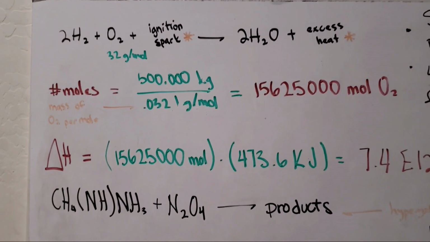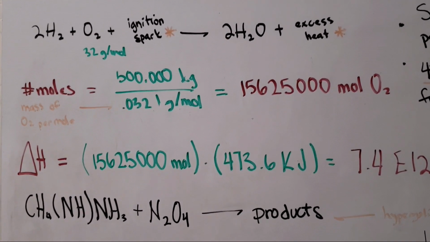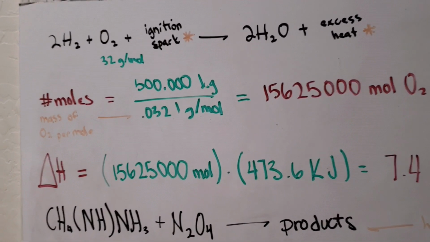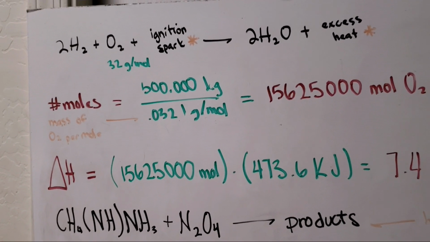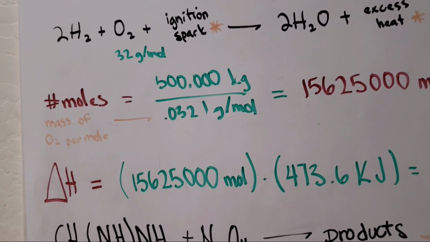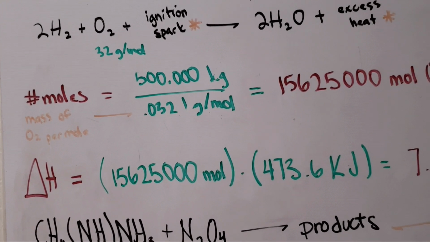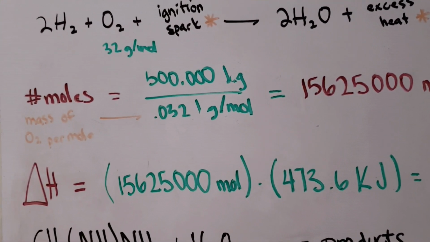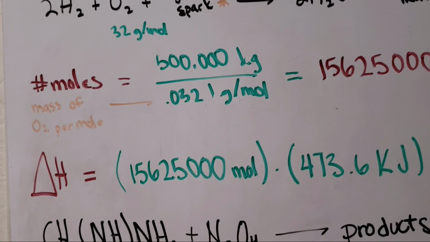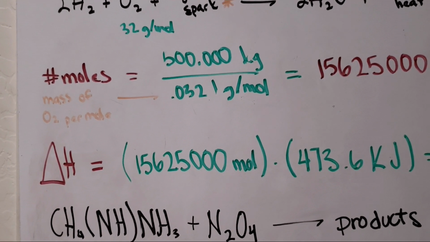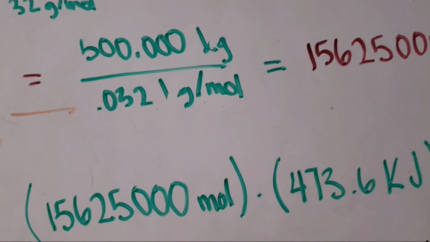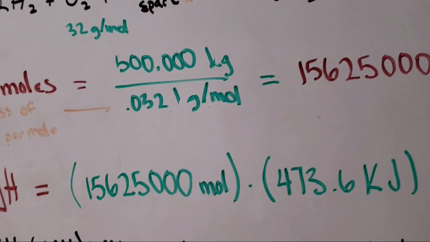Here it is. Okay, so here you can see the chemical reaction at the top that I showed earlier in the video. Basically, 2 parts diatomic hydrogen liquid and 1 part diatomic oxygen liquid plus an ignition spark will yield these results. So to get started, the mole calculation, converting into moles, I said that the space shuttle burns 500,000 kilograms of liquid oxygen upon launch.